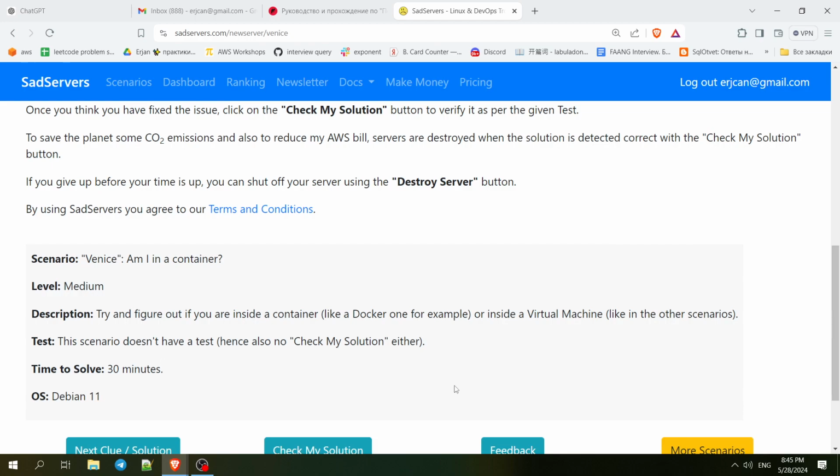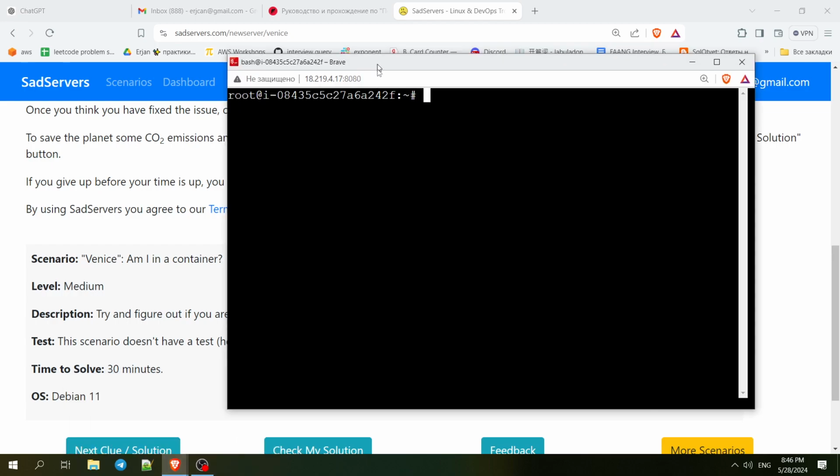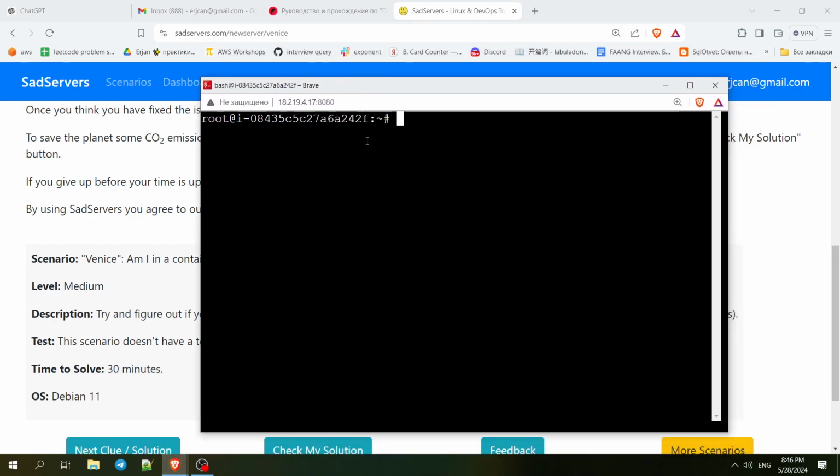If you want to be proficient at sysops and Linux troubleshooting, it's important to know the difference and quickly figure out what the signs or properties are that indicate that you are inside a Docker versus inside a virtual machine.